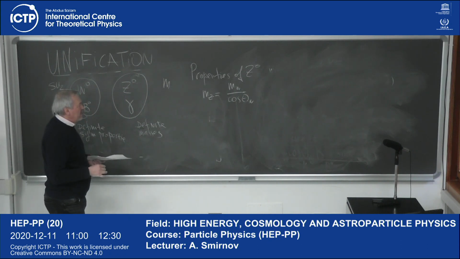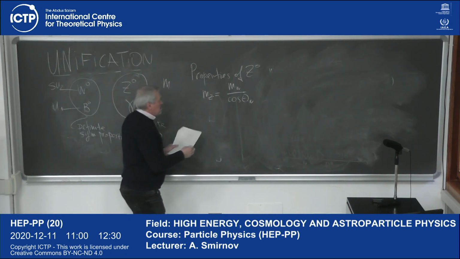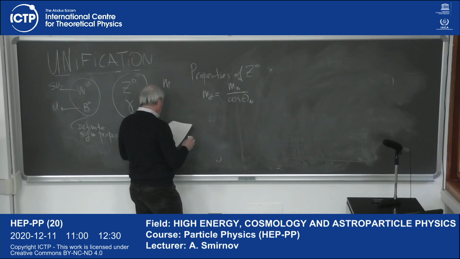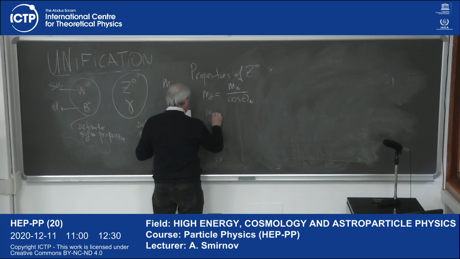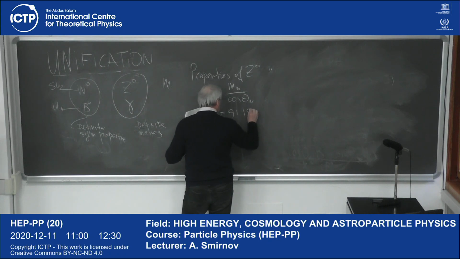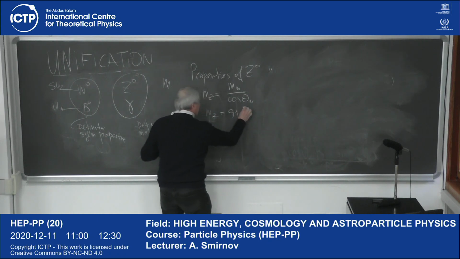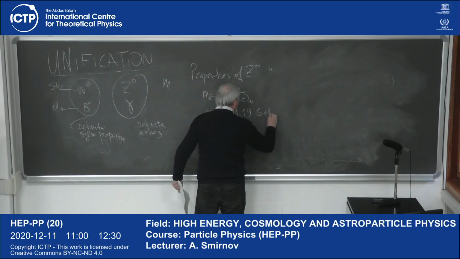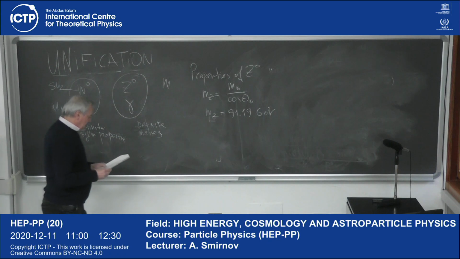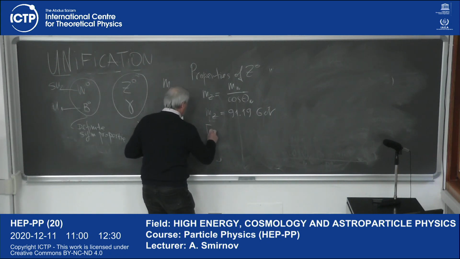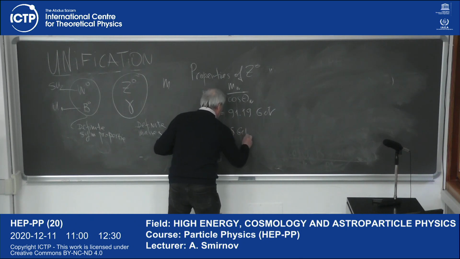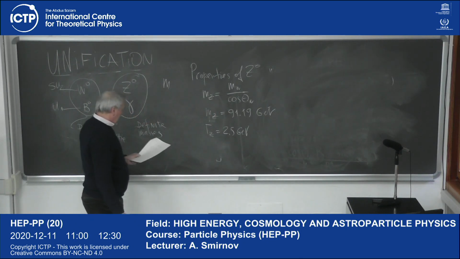It enters in many places, and in particular here in the relation between masses. So MZ is heavier than MW, and the mass of the Z boson is 91.19 GeV. Remember, the W boson has a mass of 80 GeV. The width of the Z boson is 2.5 GeV, even slightly bigger.